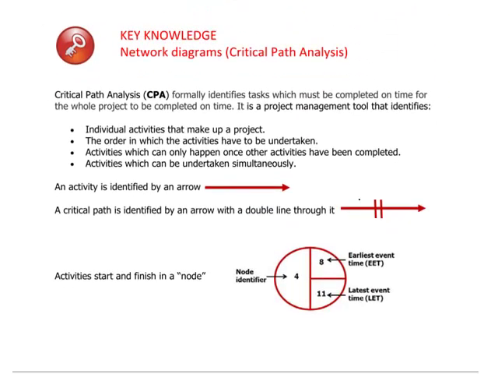The next component is key knowledge: network diagrams, critical path analysis. Now, a critical path analysis, there's a lot of clues in the name because it's an analysis of the critical path. As we say here, it formally identifies tasks which must be completed on time for the whole project to be completed on time.